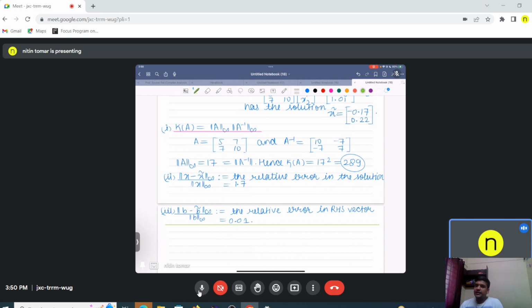But even with that small change in the right hand side vector, the relative error in the solution is coming out to be 1.7, which is huge.